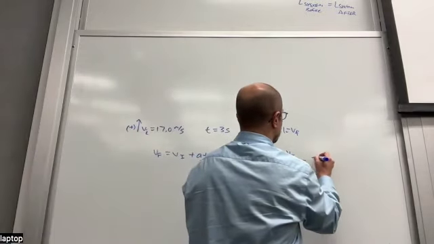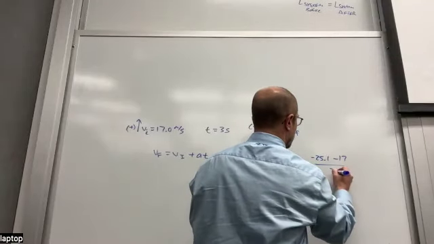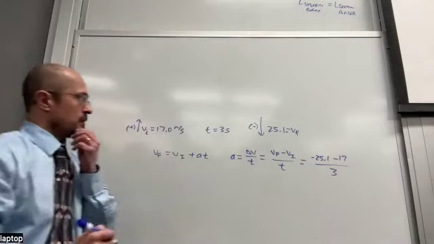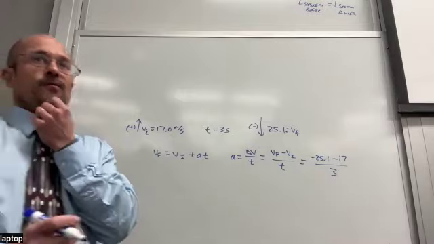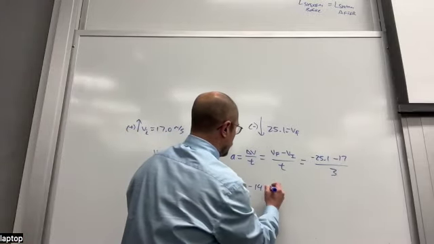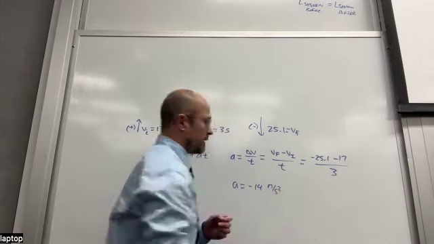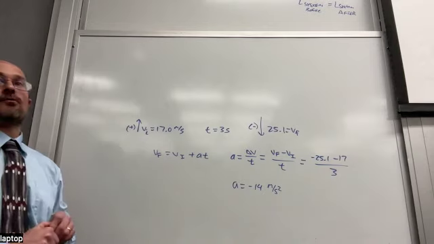So this is minus 25.1 minus 17 over 3. 42 divided by 3 is about 14. So A is negative 14 meters per second squared, and that would be south, because negative would imply south.